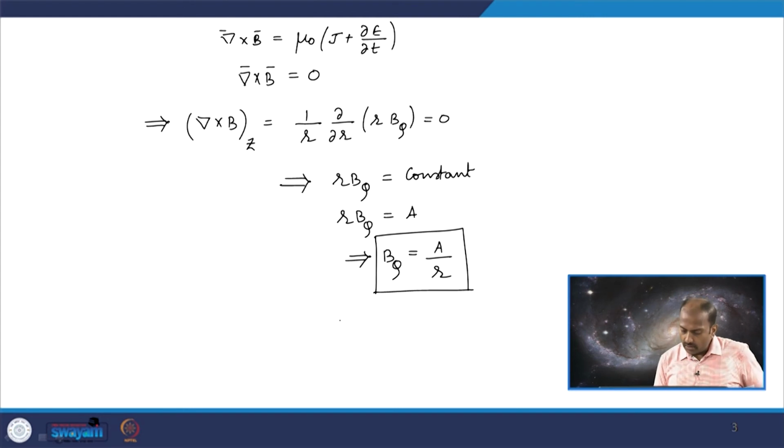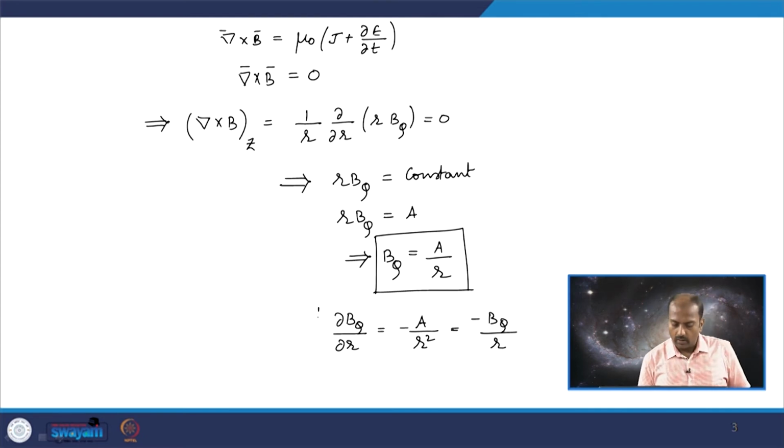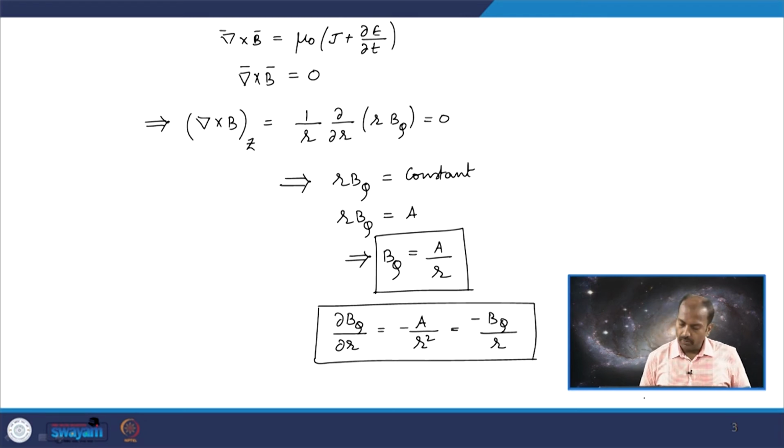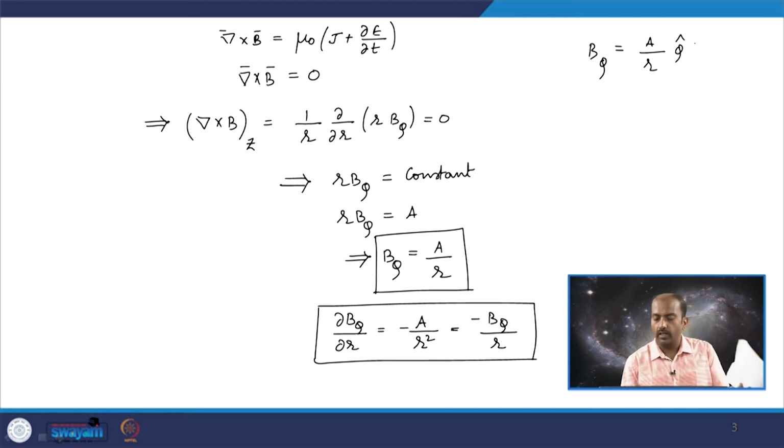So, now let us say ∂B phi by ∂R simply becomes minus A by R square, which is also equal to minus B phi by R. Now, B phi is A by R in the phi direction.